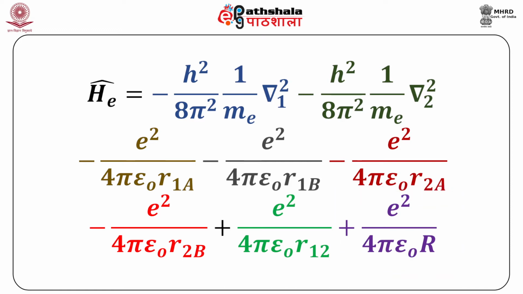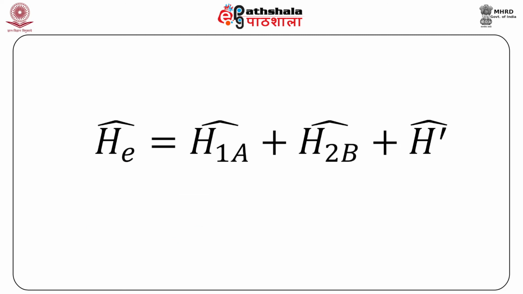Now this electronic Hamiltonian, which consists of two kinetic energy terms, four negative terms which represent the electrostatic attraction between the electrons and the nuclei, and the two repulsion terms, can be rewritten as He cap equals H1A cap plus H2B cap plus H prime cap.